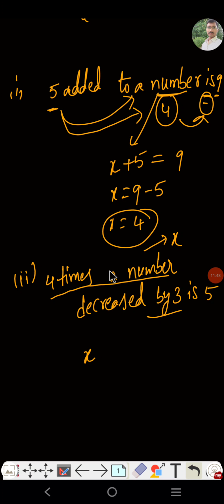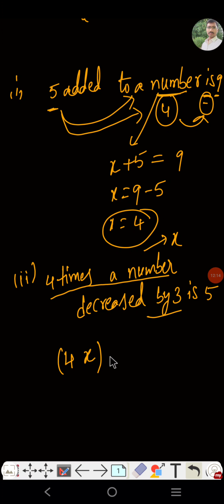First what do we do? The number is 4 times a number. Times means multiplication. 4 times means 4 into x, that is 4x. So 4 times a number, a number means x, 4 times means 4 into x, 4x. And decreased by 3. Decreased means less, that means minus.